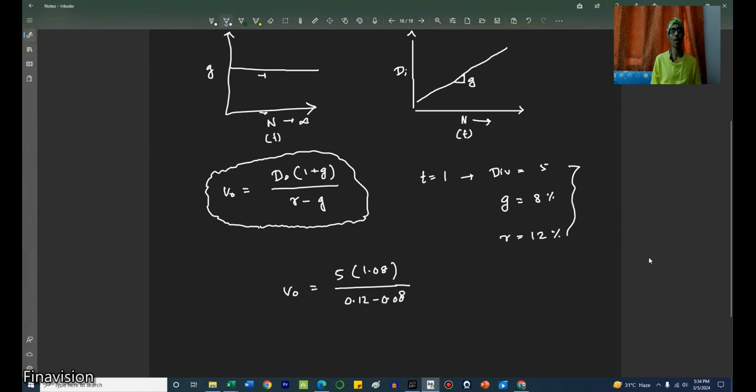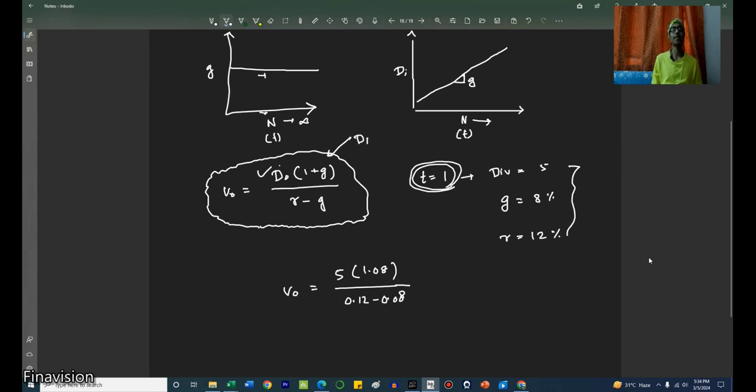No, the answer is no. Why? Because here I mentioned at t is equal to 1. Listen very carefully. At t is equal to 1, the dividend is 5, not at t is equal to 0. Here what we have written is D0, that is the dividend at t is equal to 0, and by multiplying it with 1 plus g, we are actually trying to get the D1.